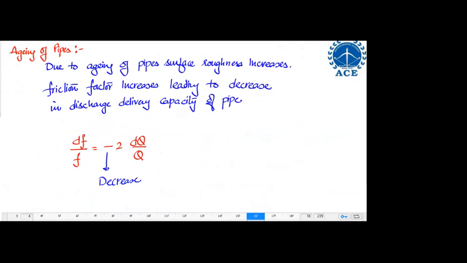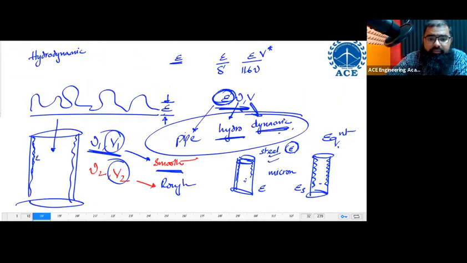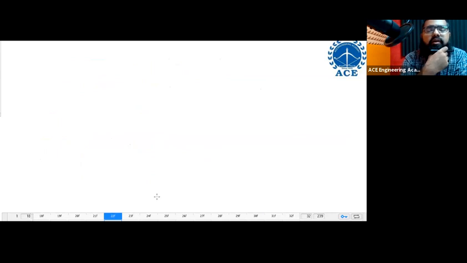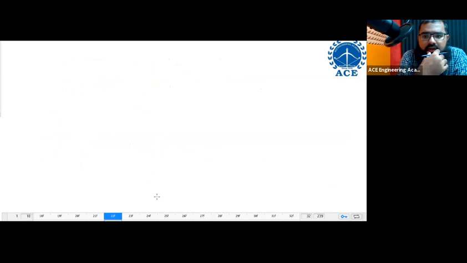Hello, sir. I had a doubt about the losses where the cross section was increasing, now dou P by dou X is positive. In that case, the particles nearby the pipe wall, at the fixed wall, will flow from higher pressure to lower pressure. That is only valid for the boundary outermost particles, right? Yes, it's for peripheral or boundary fluid particles. Generally, the complete flow is taken from higher total head to lower total head.